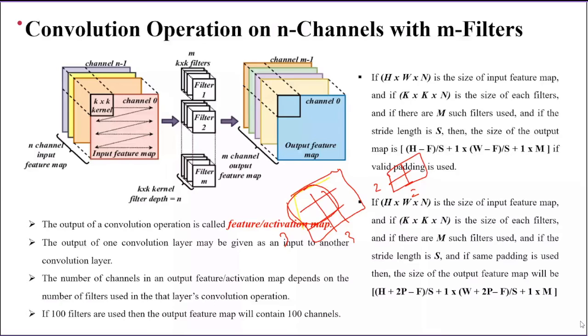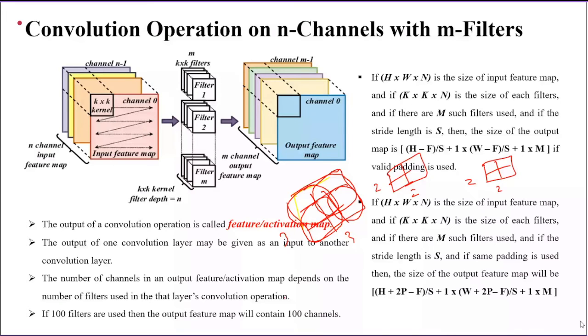So you will get a convolution map of size 2x2. Clear?